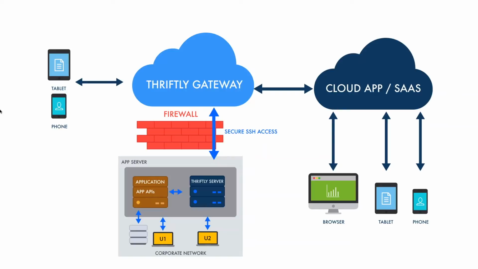So this is the different part that we are introducing here: it's not about making an application call directly into a server. It's about creating this gateway that will allow you to access the business logic and the data securely from anywhere in the world and on any device. And this, in a nutshell, is what thriftly.io is about.